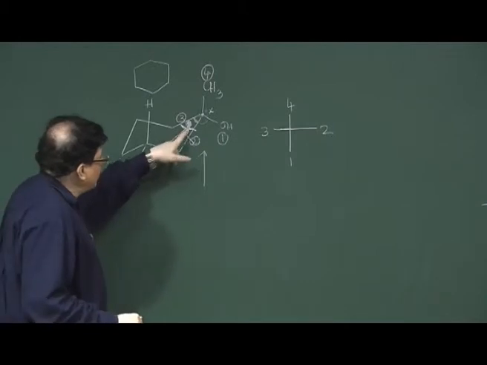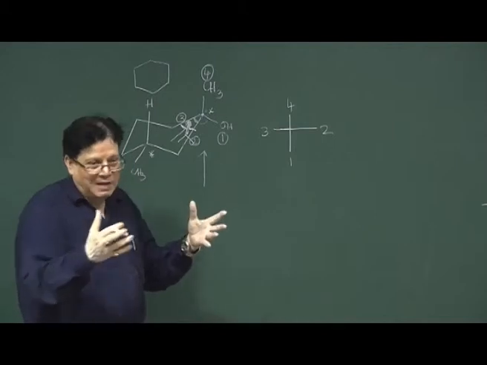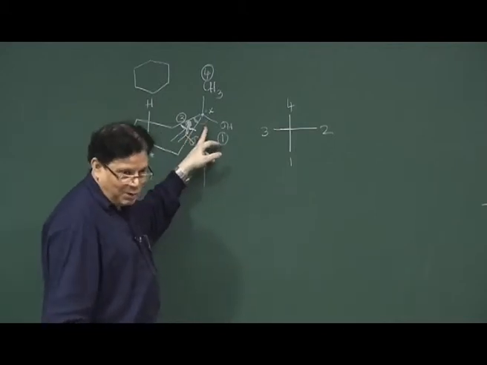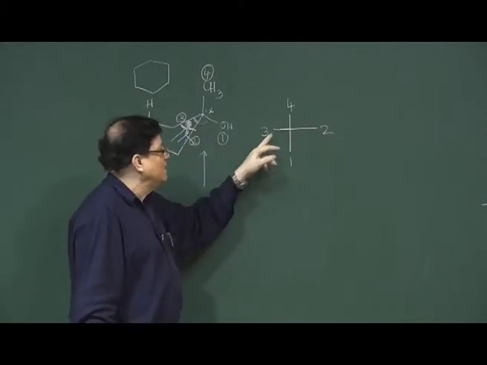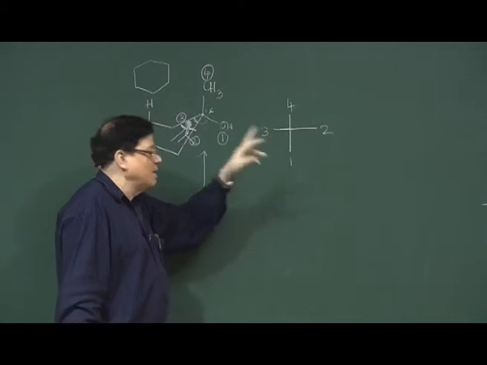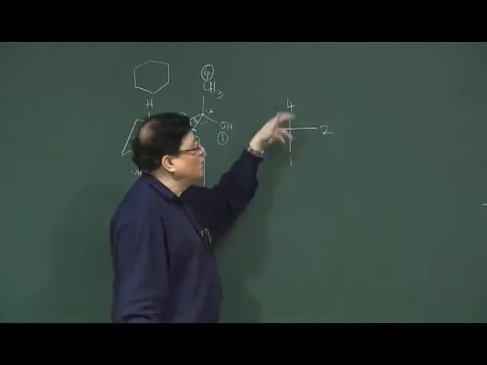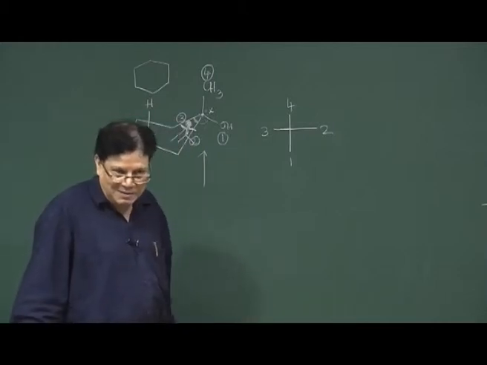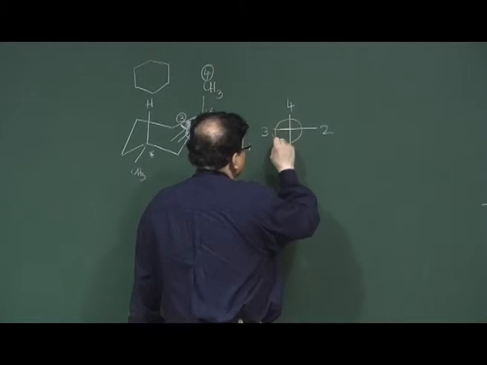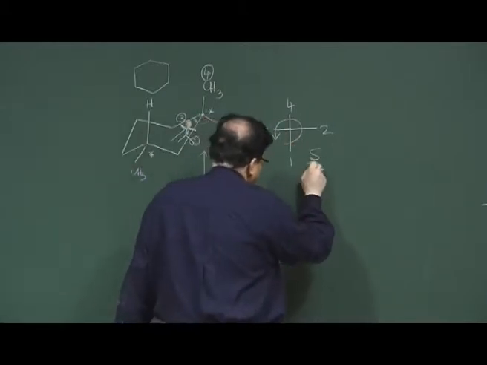So, now you stand in between, spread your hands, and it looks just like the Fisher projection the way it should be, and you draw the Fisher projection. So, on the right is 2, left is 3, 4 is at the top, 1 is at the bottom. Okay. Now, since 4 is occupying the vertical axis, whatever you see will be your configuration. So, it is anti-clockwise, that means this is S configuration.